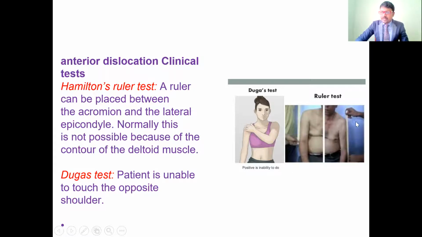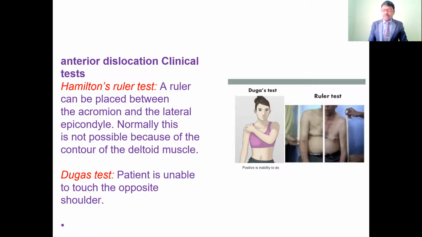Normally, after dislocation, there is a space between the acromion and the head of the humerus, so we can keep the ruler easily at the acromion process and bring it to the lateral epicondyle of the elbow. In normal people we cannot place it, because there is no space. If we keep it, the ruler is displaced, maybe anterior or posterior, and we cannot place the ruler properly.